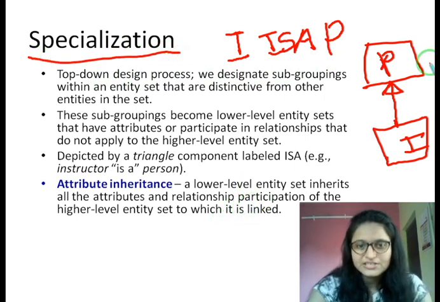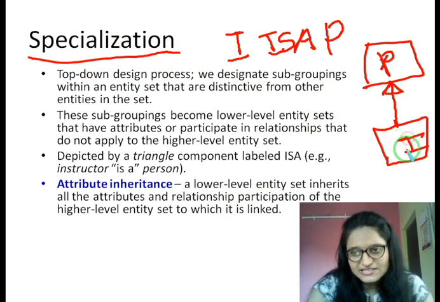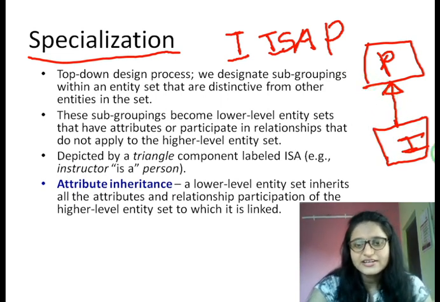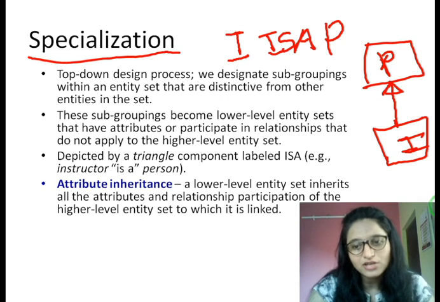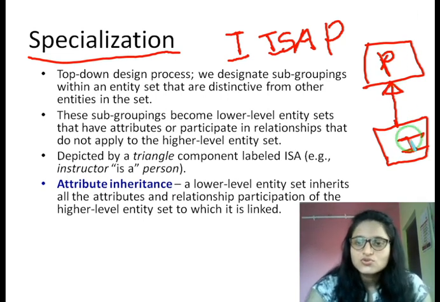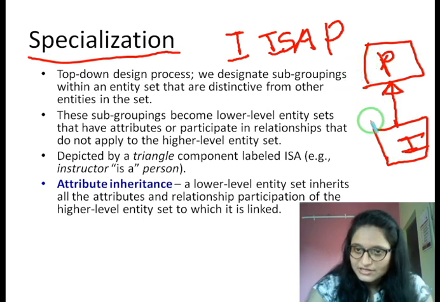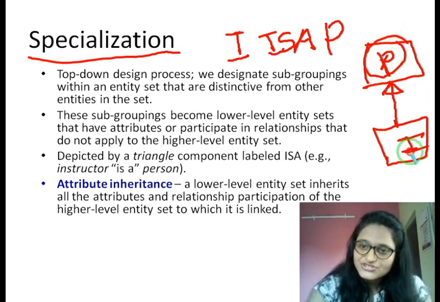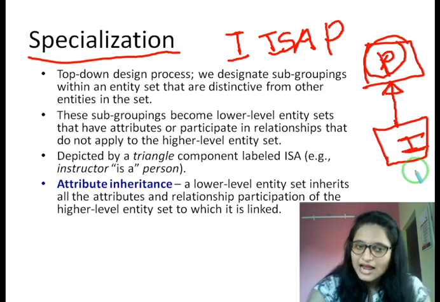So again I repeat, in a specialization your instructor inherits all the properties of the person entity and it has its own attributes also. Inheriting all the properties means accessing all the properties or attributes of the person class, and the instructor also has its own attributes.